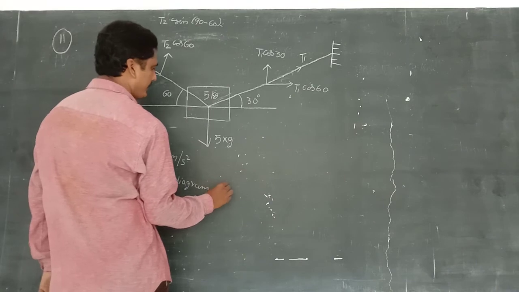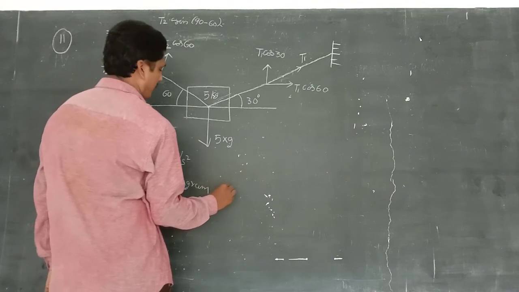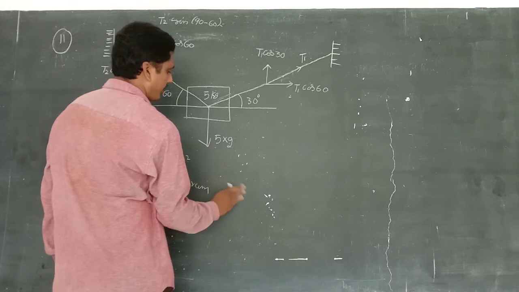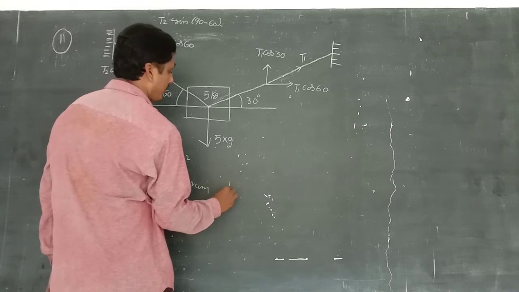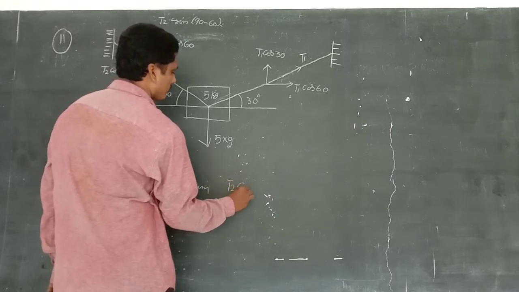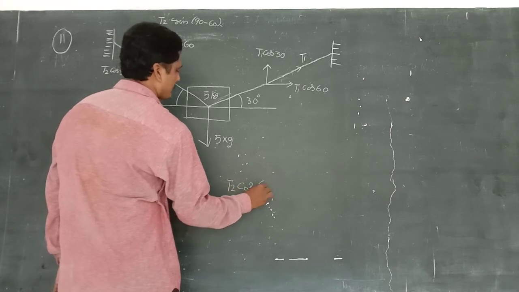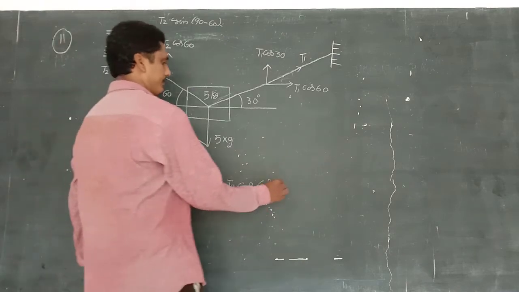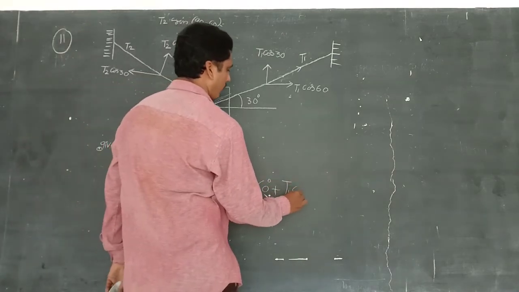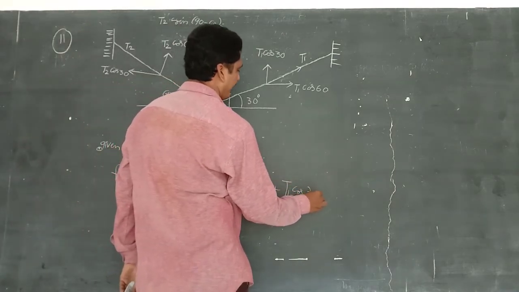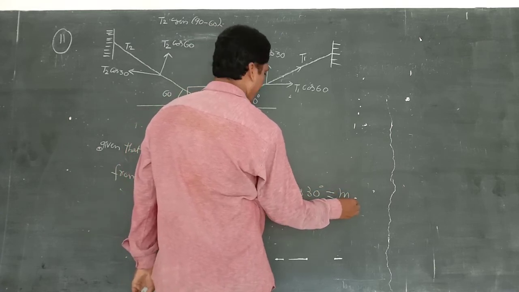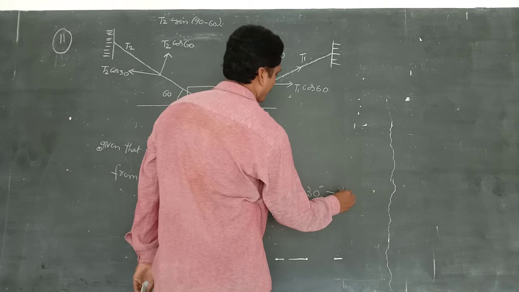The weight of the body balances T2 cos 60 degrees plus T1 cos 30 degrees, which is equal to 5 into g.